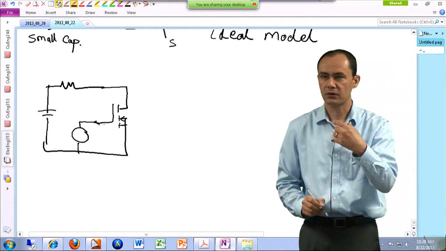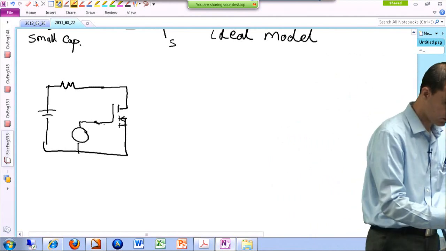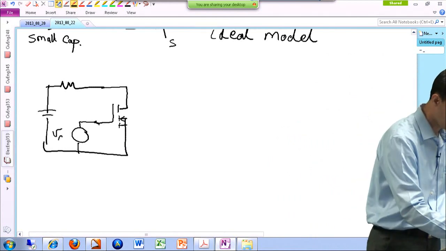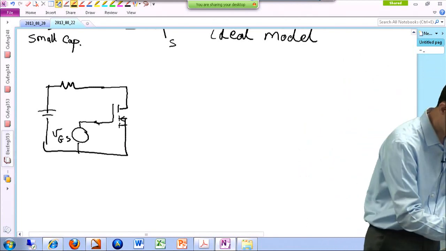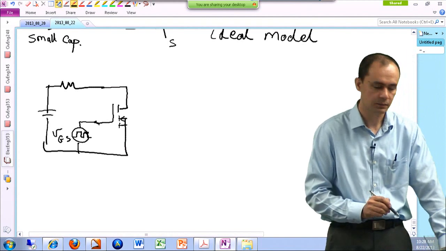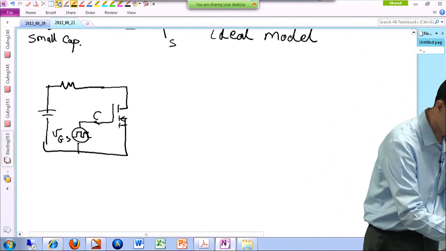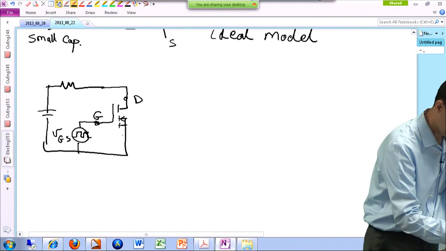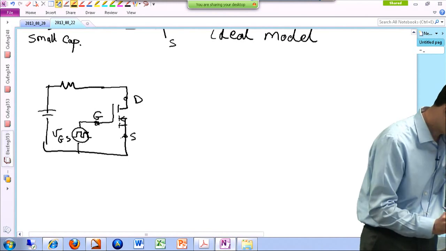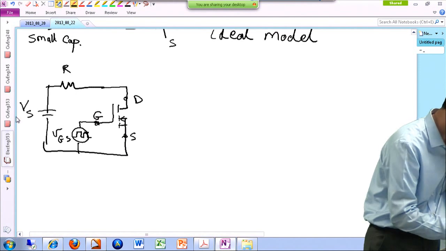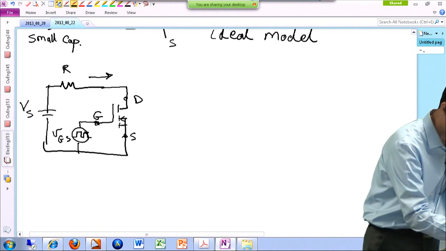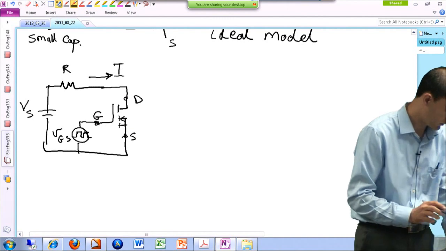And we have connected, for the sake of simplicity, assume that this is just a DC source, like a signal generator, and it gives us a square-shaped signal. Okay, so this is the gate, drain, source. That's the current of the loop.